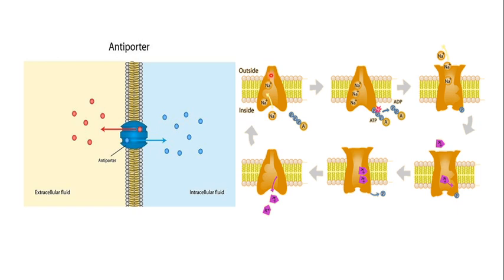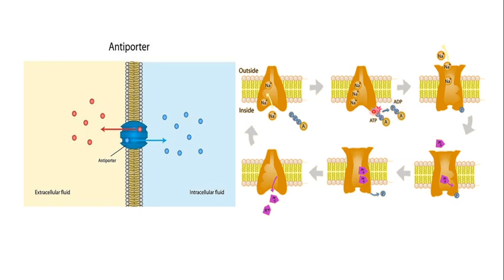Now, as you can see here, this is an ATP molecule. There is hydrolysis of the ATP molecule, and one phosphate group binds to the sodium-potassium pump while the ADP molecule is released.